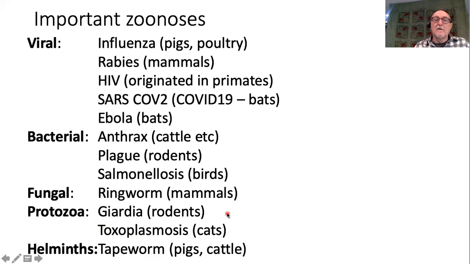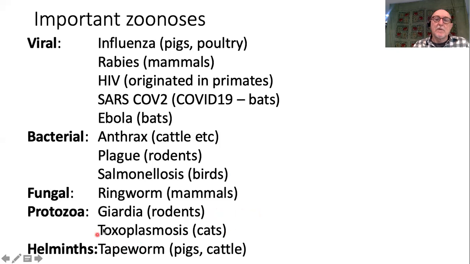There are several protozoa which can be transferred. This one, Giardia, is a very common cause of diarrhea and vomiting, but we usually acquire it from water sources. I'll tell you a more complex story later on about Giardia, but it is often regarded as being a higher population in water sources which are contaminated with rodent feces and that sort of thing.